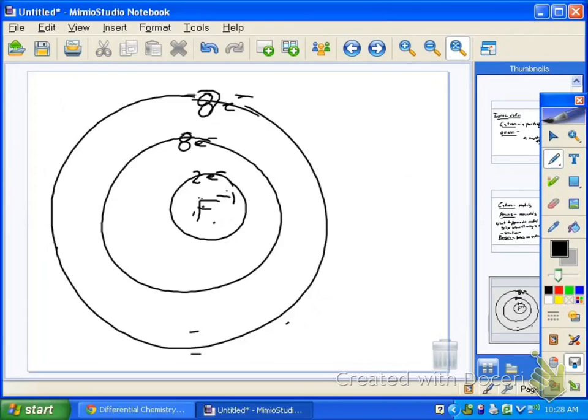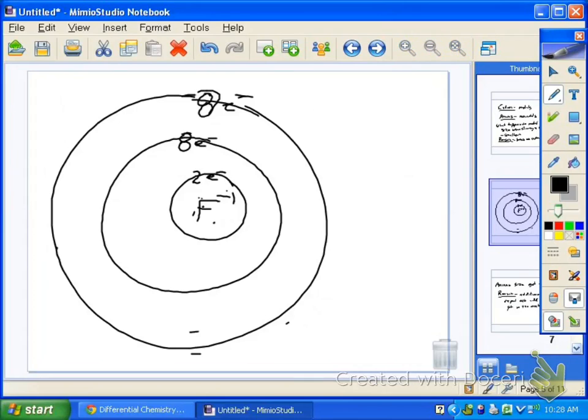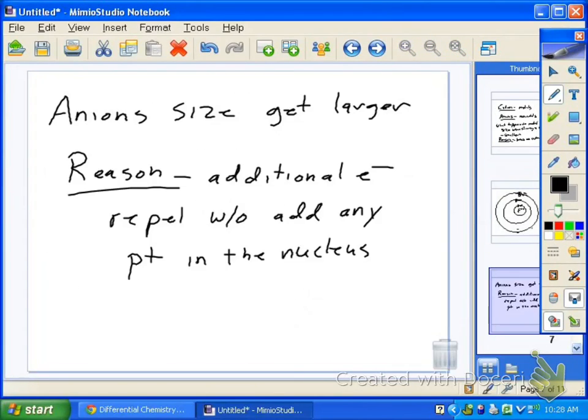Okay. All right. The last set of notes, without giving you the problems to do, is the reason for the anion size getting larger. What you're doing is adding additional electrons. Additional electrons repel without adding any protons in the nucleus.